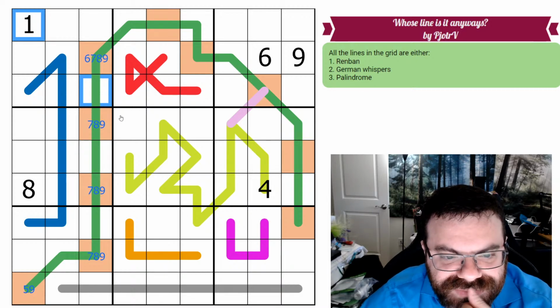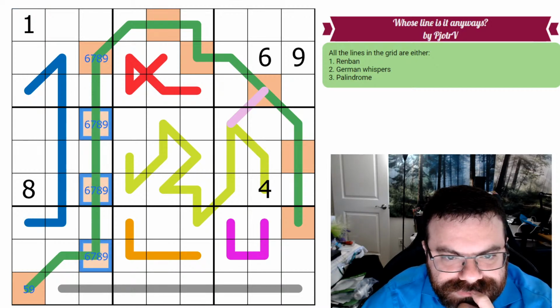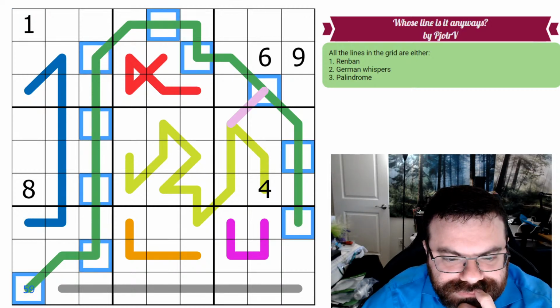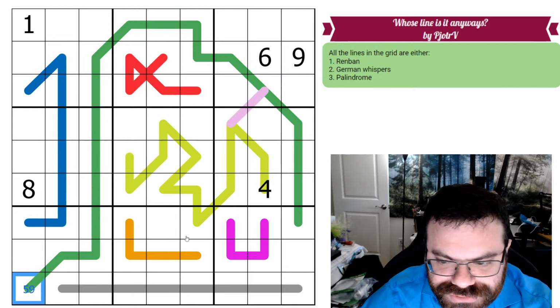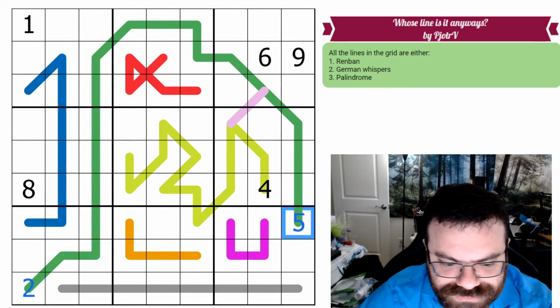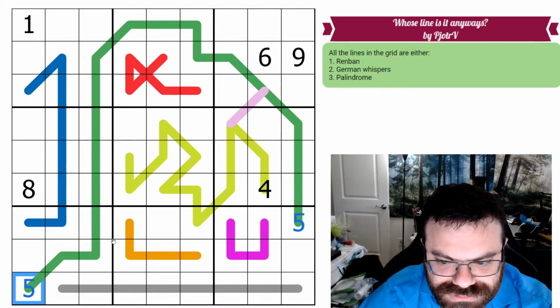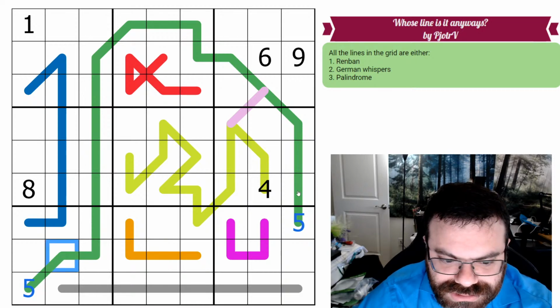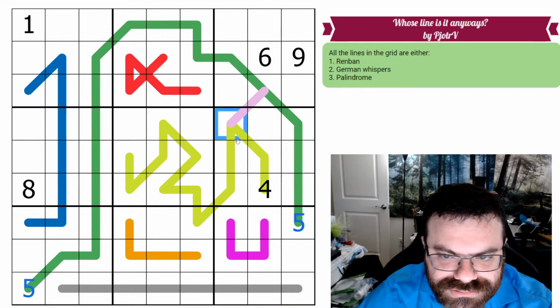Therefore, it is not a German whispers. So it's a palindrome, which makes these two 5s. And it means that it's true that 9s are limited.